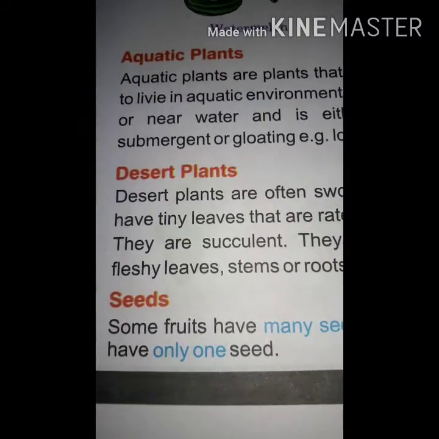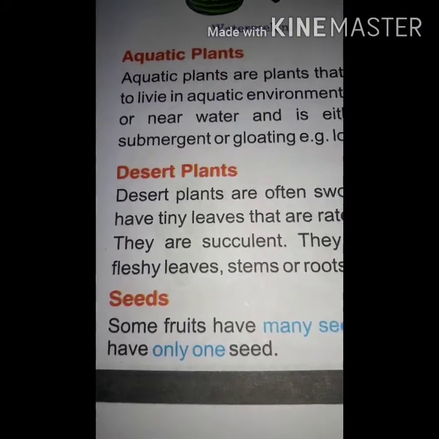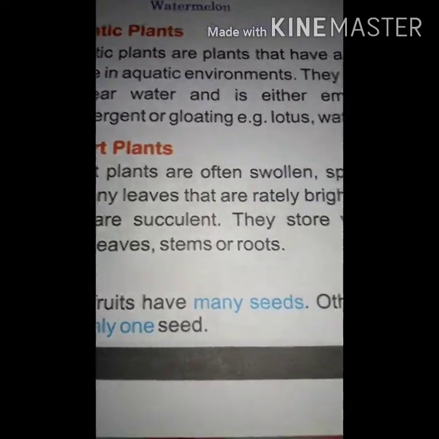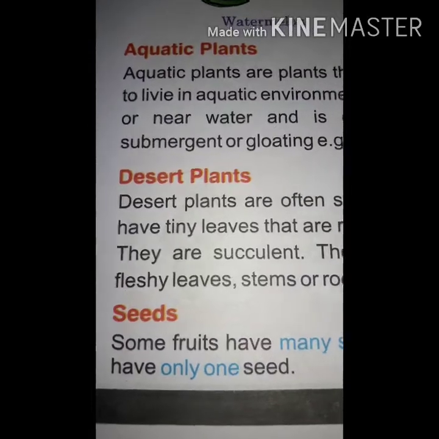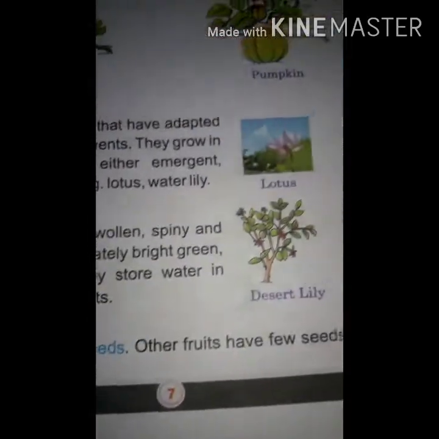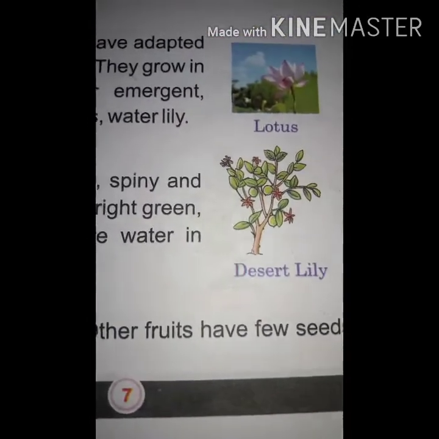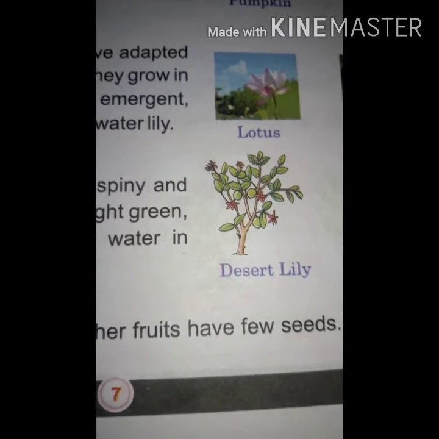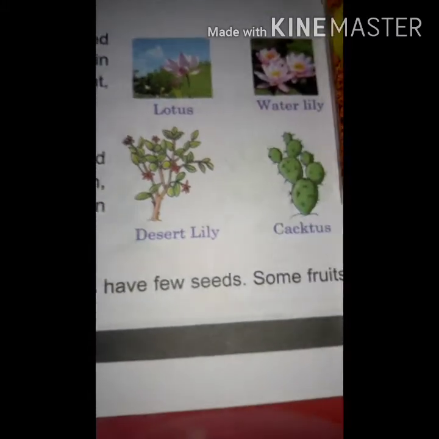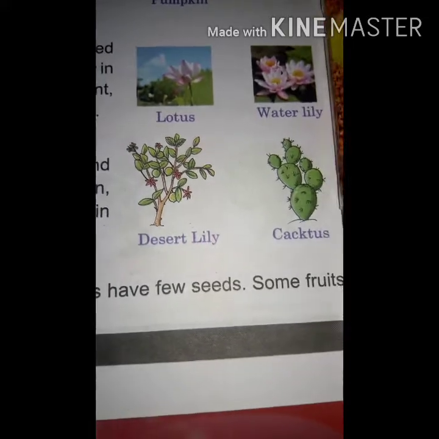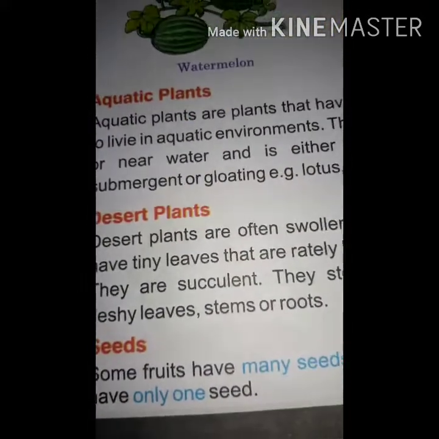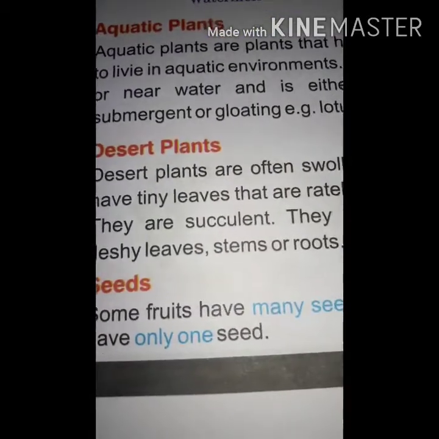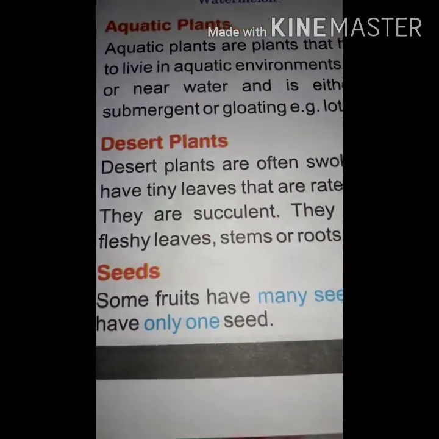They are succulent. They store water in fleshy leaves, stems or roots. You see the first picture of desert lily, and the next one is cactus. These are grown in deserts.